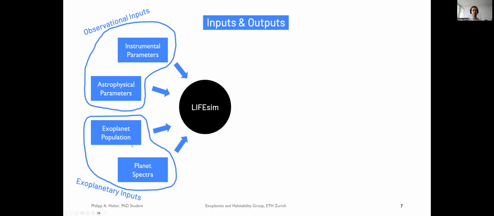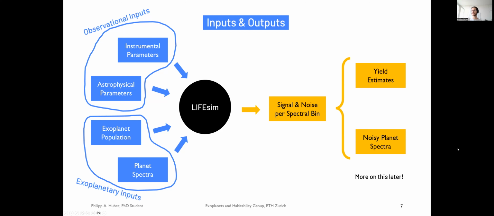For example, you can input a catalog of an exoplanet population, or you can also input a planet spectrum directly. With this, LIFEsim then basically outputs the signal and noise per spectral bin, and this information can then be used in the next step to calculate yields, or also simulate noise on spectra that you could expect after an observation with LIFE. But more on these two examples later.